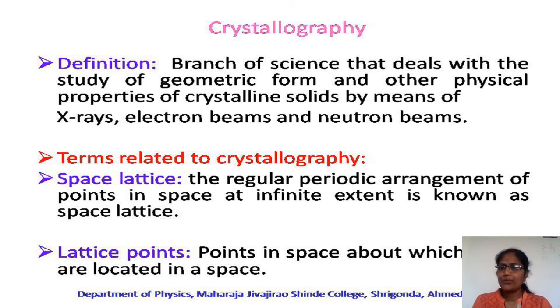If I continue to draw such lattice points in two-dimensional space, then it will give us a two-dimensional arrangement of points. And if I draw in 3D, along the x, y, z axes, then it will give me a three-dimensional space lattice. So lattice points are nothing but the points which we have drawn in a space.